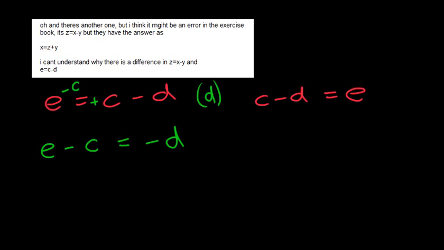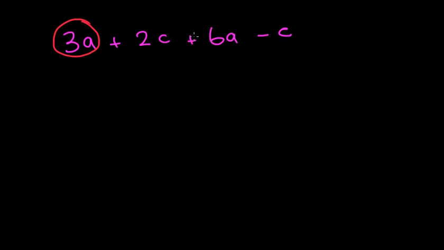I guess if you move away from that for a moment and look back to remembering doing things like adding and subtracting like terms, for example, 3a plus 2c plus 6a minus, let's say, c. You would have learnt to add and subtract like terms where you included the sign in front of it.